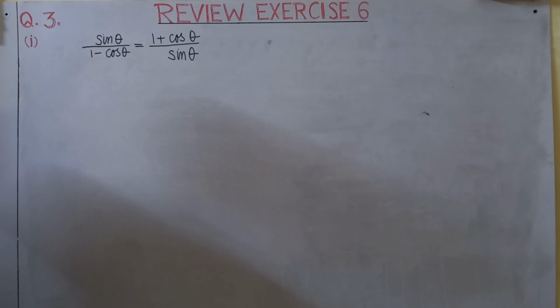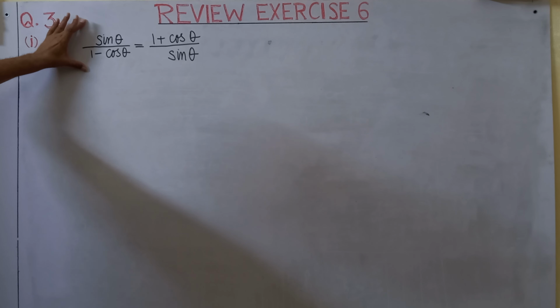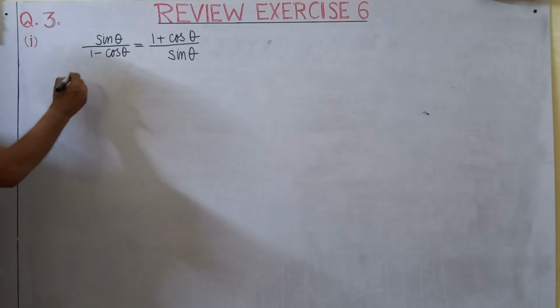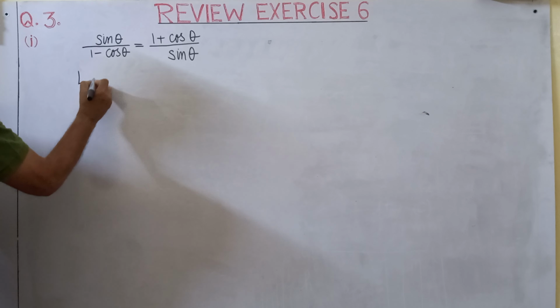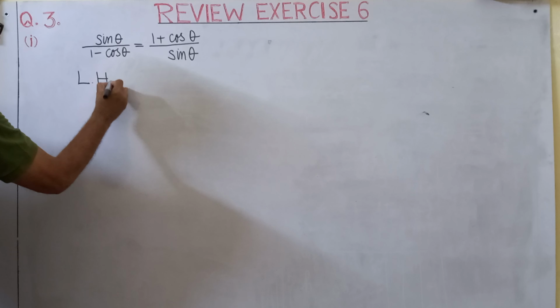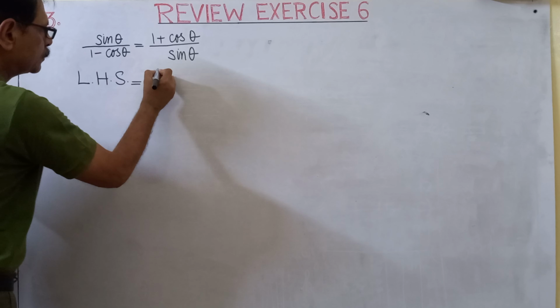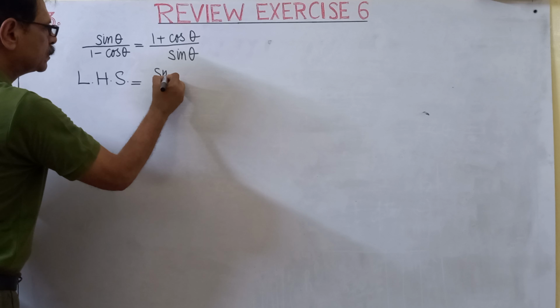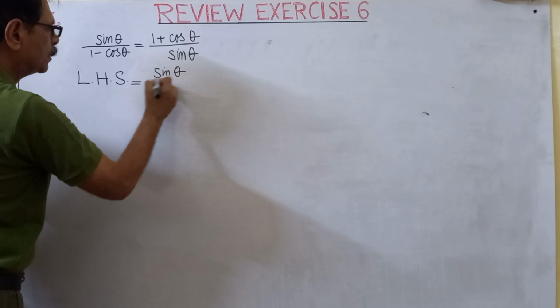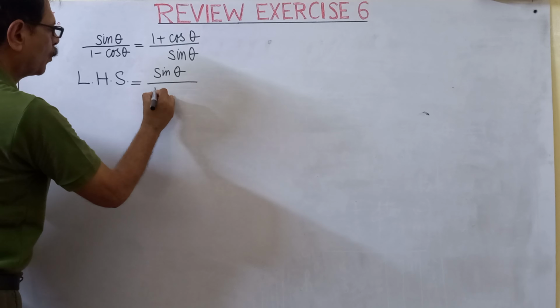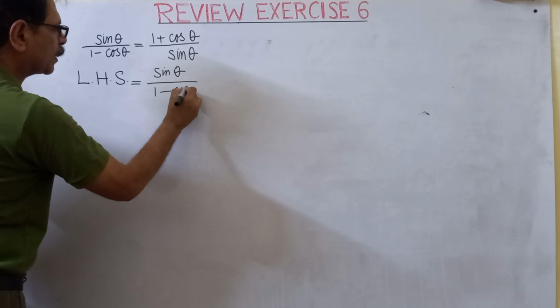Question 3 part 1. Prove this trigonometric identity. Left hand side equals sin theta over 1 minus cosine theta.